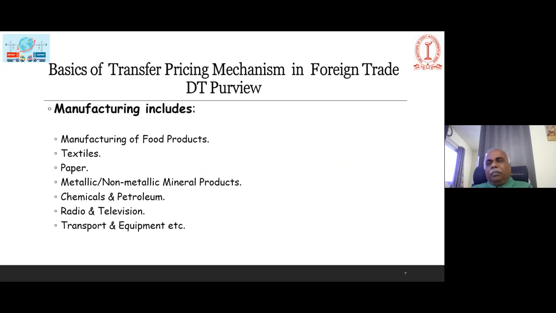Radio and now the media is also active. So many companies are coming under media and particularly the radio, particularly the FM radio and other companies. Transport and equipment is also there. All come under manufacturing. This is a bifurcation made by the Ministry of Corporate Affairs.